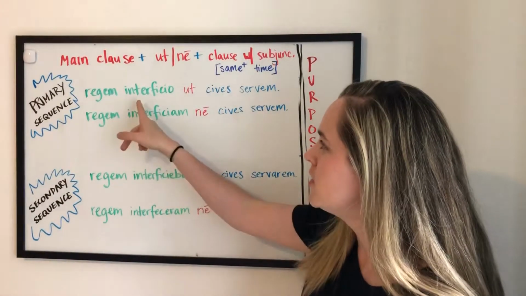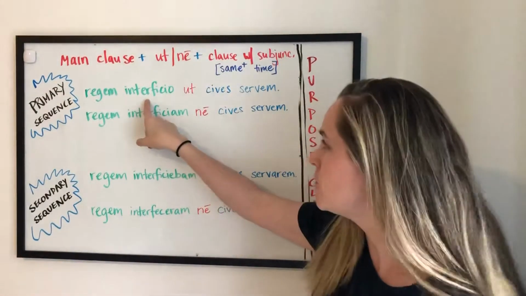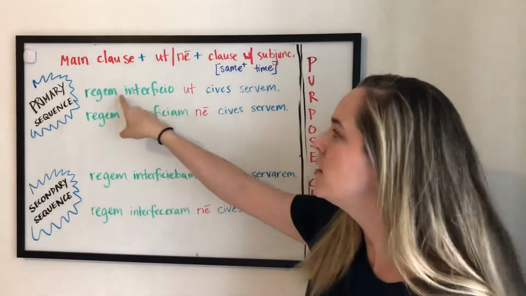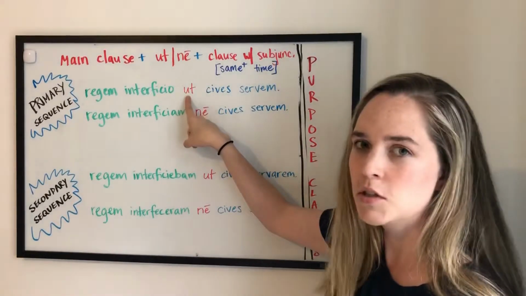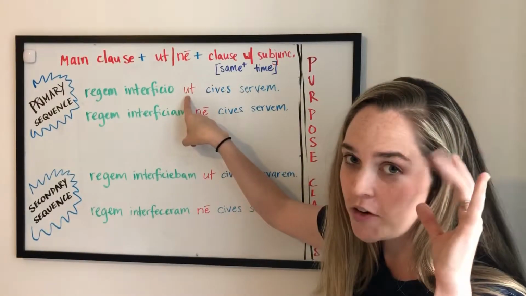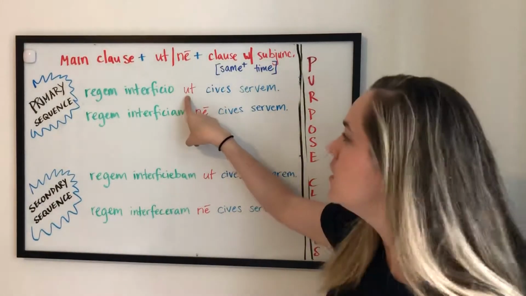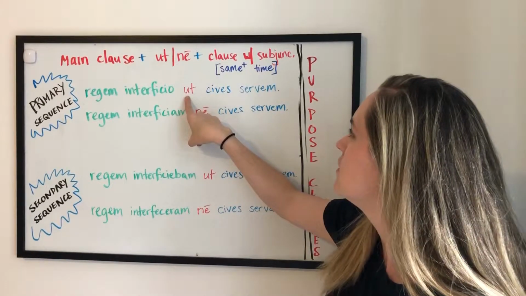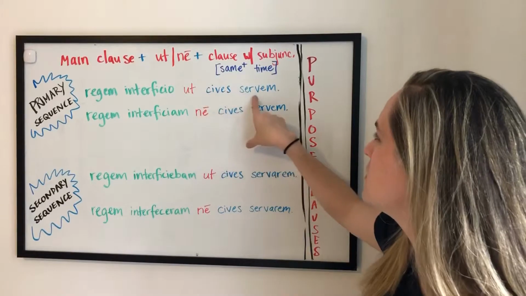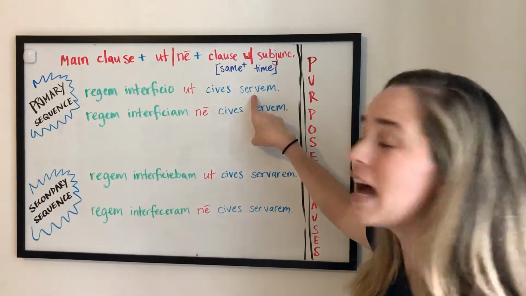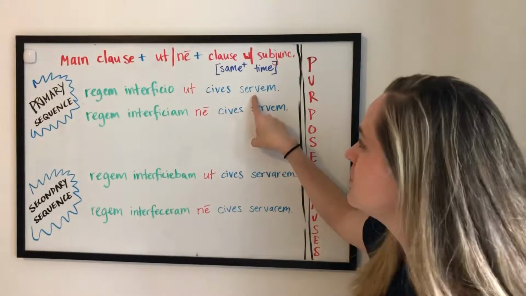Our first sentence here says, I kill, that's the verb interficio, I kill the king, ut. Ut sort of is like an alarm bell should be going off in your head. Oh, maybe this is a purpose clause. In order that. And then you have two words here. This word means the citizens, and this word means I save. It's a present subjunctive.